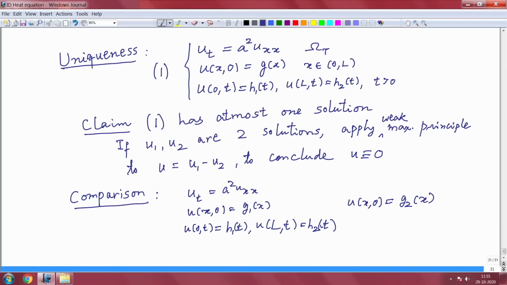So, comparison means, if g1 is less than g2, then you get corresponding solutions. So, let me call them u_g1, u_g2, corresponding solutions.